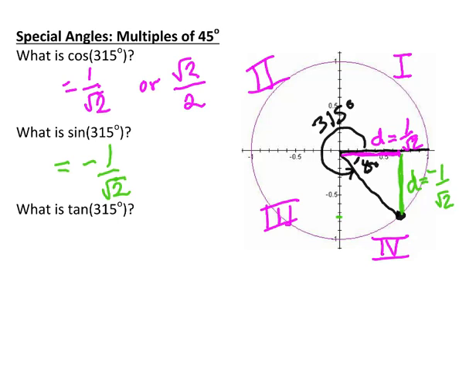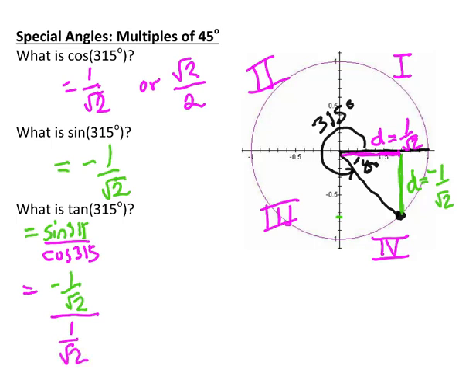And last but not least, tan of 315 is going to equal the sine of 315 divided by the cos of 315. So that will be, sine is negative 1 over root 2, and that's going to be divided by cos, which is positive 1 over root 2.